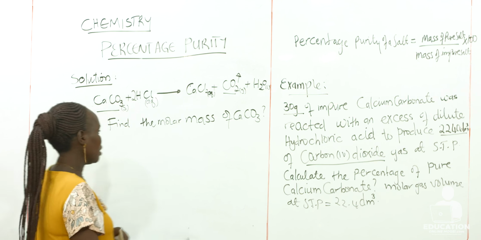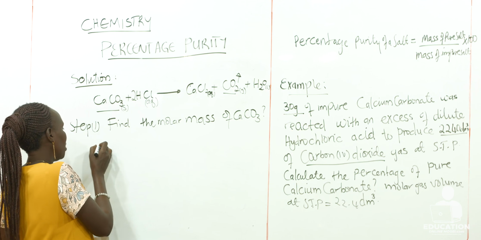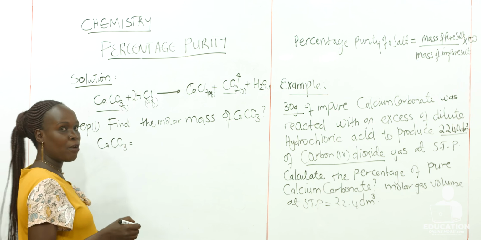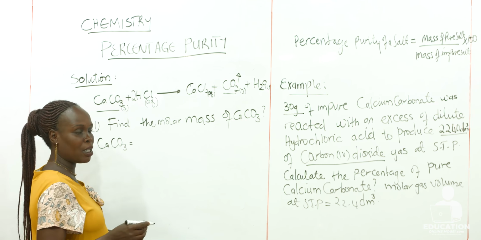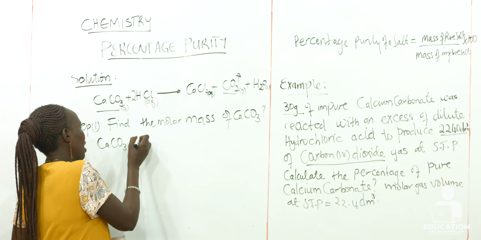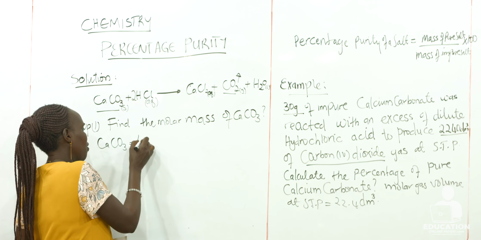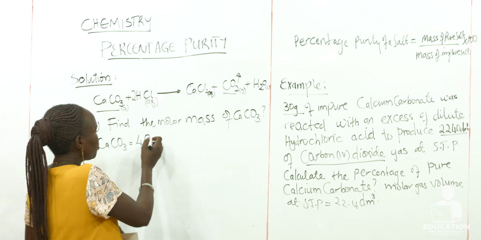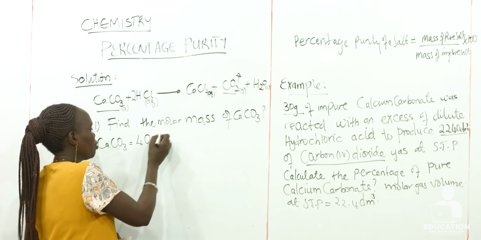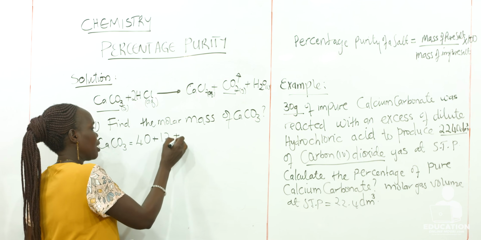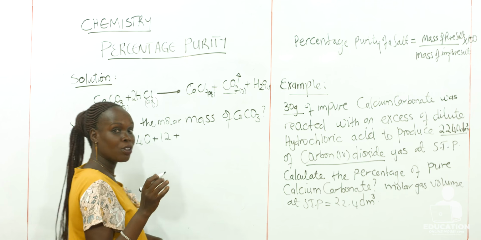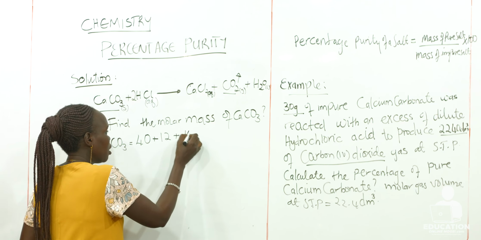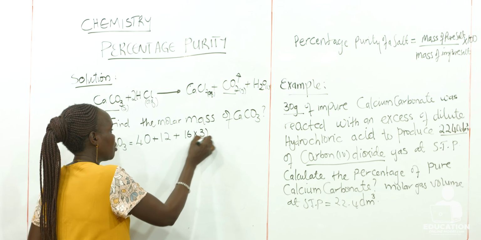Getting the molar mass of calcium carbonate, we shall say that calcium carbonate is made up of 3 elements: calcium, carbon, and oxygen. So calcium's relative atomic mass is 40, plus 12 of carbon, plus oxygen. Here we have 3 atoms of oxygen, so we shall say 16 multiplied by 3.